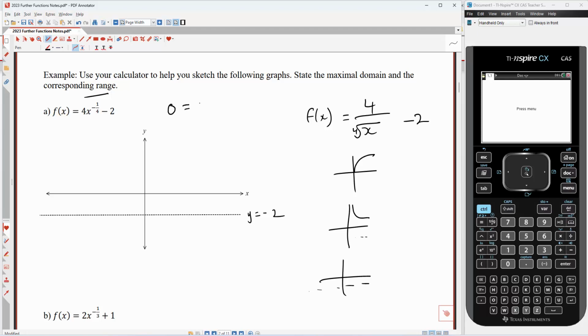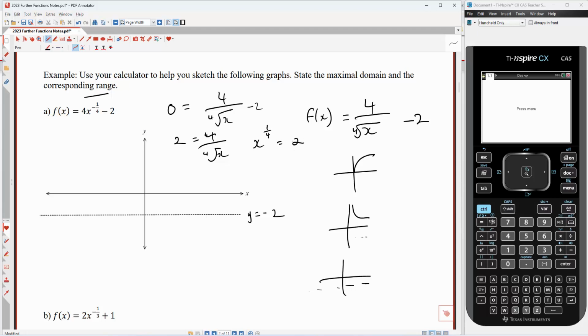So we're going to go 0 equals 4 over the fourth root of x, take 2. 2 equals the 4 over the fourth root of x. Send that to there, send that to there, and we're going to get x to the quarter equals 2.